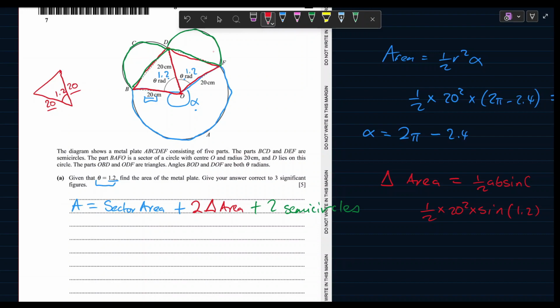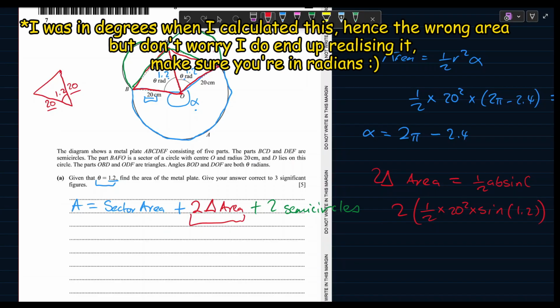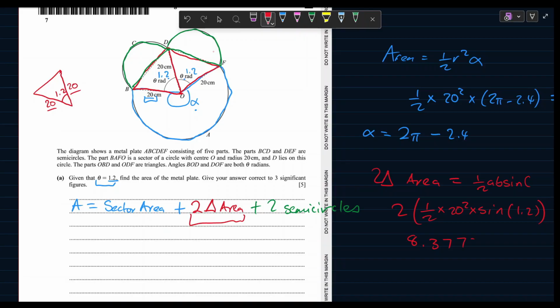All right. And remember, since we've got two triangles, we have to multiply this area by 2. So I'm just going to multiply everything by 2 here. So that would become 8.37. I'll put it to 4 decimal places, so it's 70.